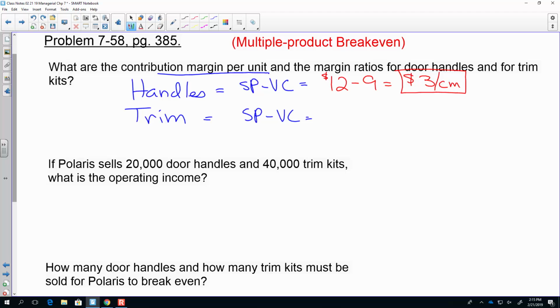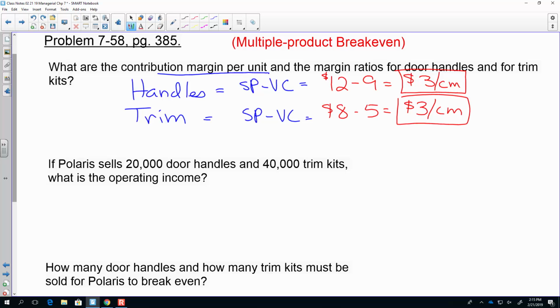And trim kits sell for 8 and have variable cost of 5. Again, $3 margin per unit. Not sure why they use the same answer for both, but let's go with it.